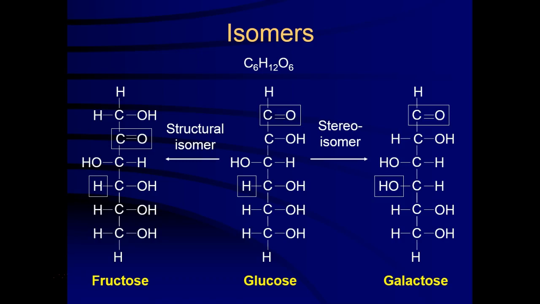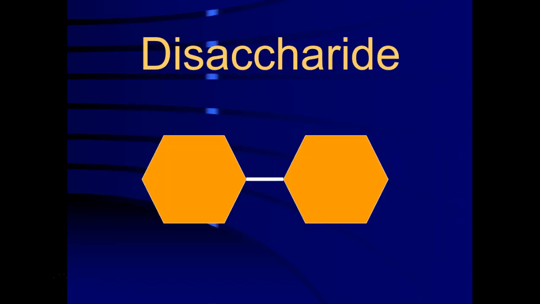Now, if we join two monosaccharides together, we form our first polymer. We're going to look at what are called disaccharides. Di means two. We often feast on these. These are found in our food.